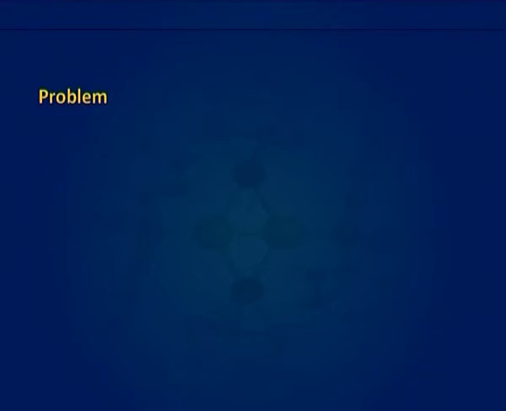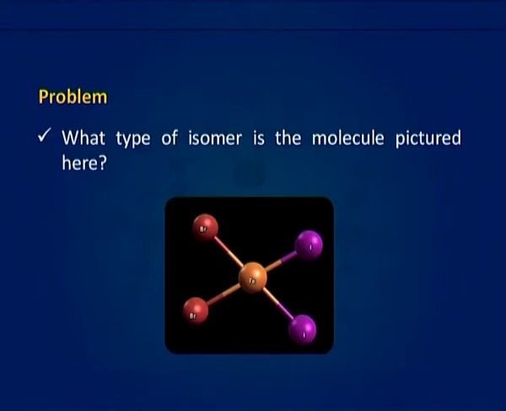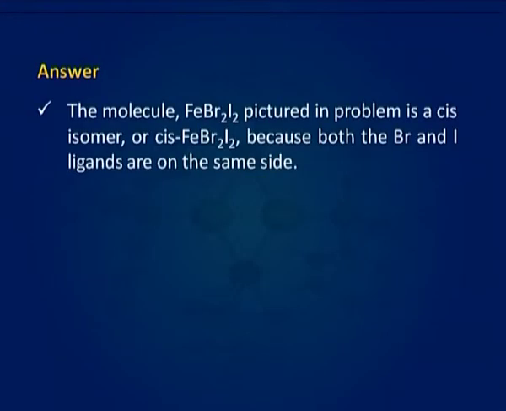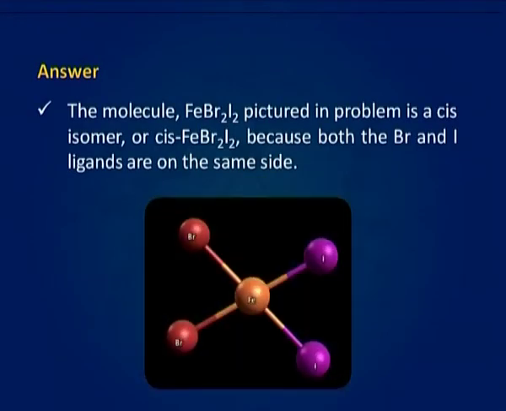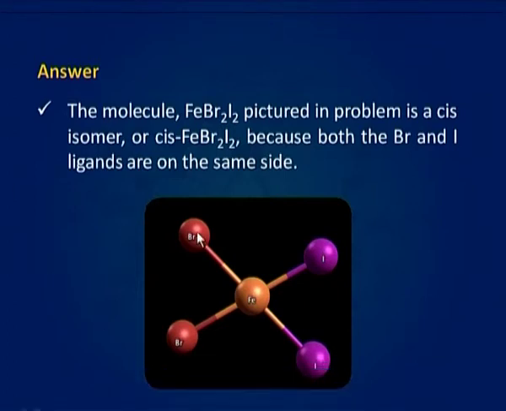There is another problem. What type of isomer is the molecule pictured here? Are there any other types of isomers possible for this molecule? The molecule FeBr2I2 pictured in this problem is a cis isomer, or cis-FeBr2I2, because both the bromine and iodine ligands are on the same side.